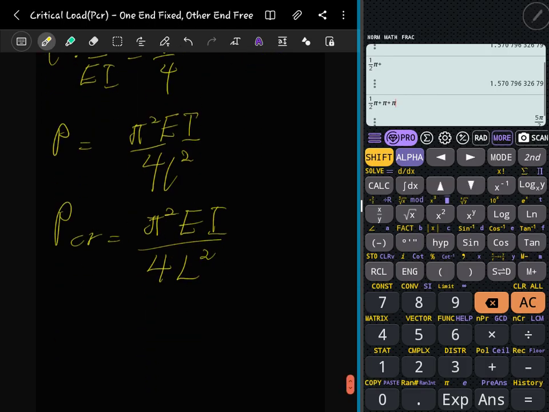The L that we are having here is basically the length of it, and the 4L squared, the 4L is actually the effective length.